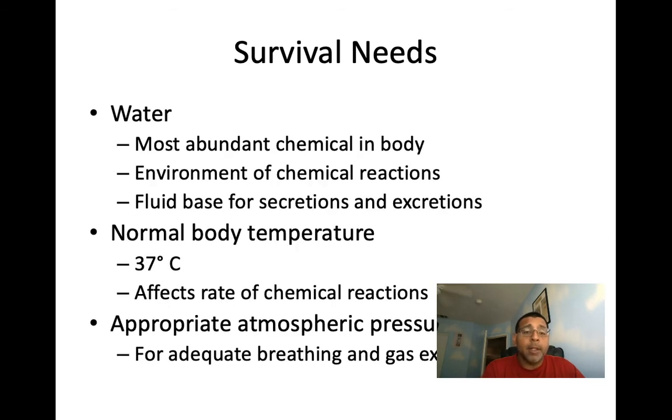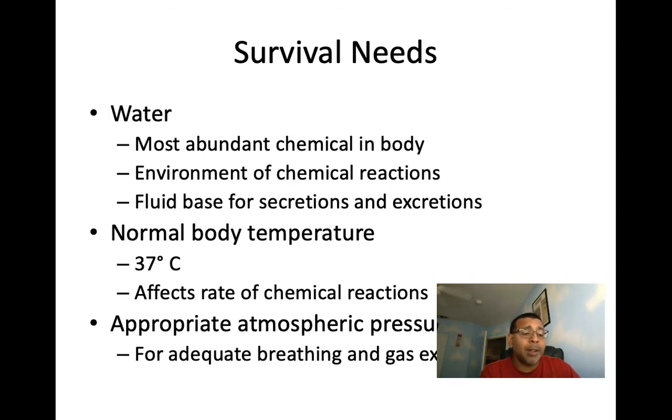Next, we have water. Water is the most abundant chemical in the body. It accounts for about 60% of our body weight on average, which makes it the most abundant chemical substance in the body.